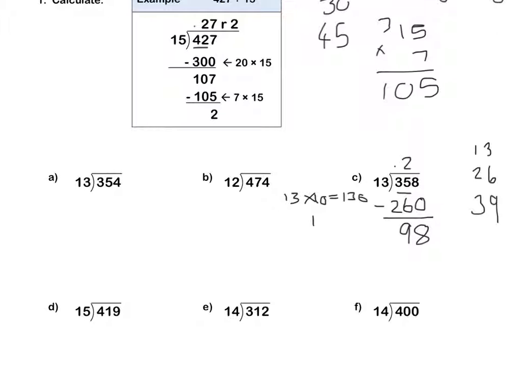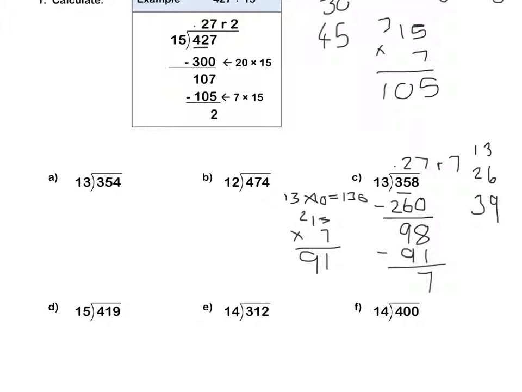Let's try 13 times 7. 21, 91. So we see the biggest number of times that 13 is going to fit into 98 is 7 times, to get an answer of 91. 7 times 13 we know is 91, with a remainder of 7. 13 doesn't fit into 7, so our overall remainder is 7.